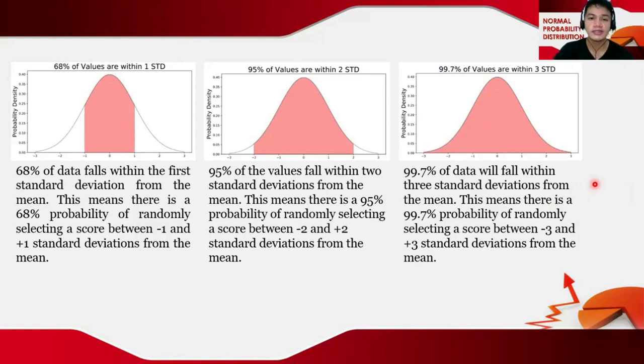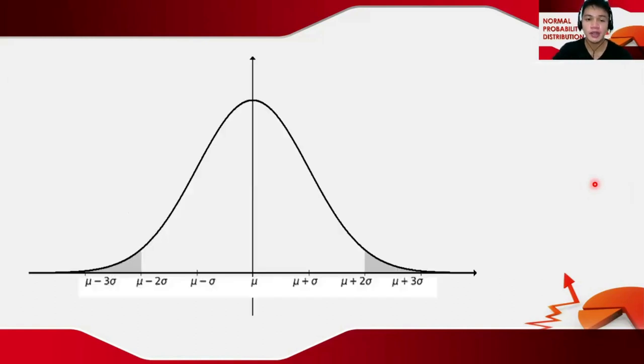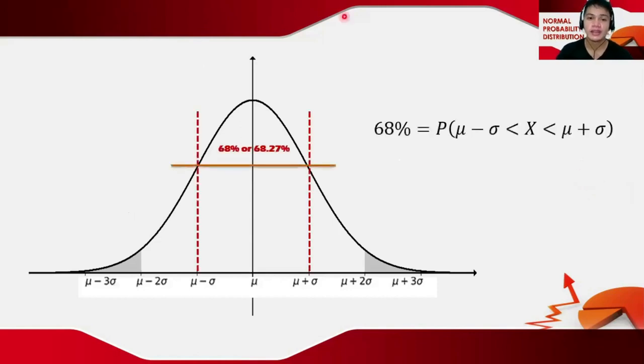To give you the general definition of this empirical rule, the 68% probability area is equal to the probability of 1 standard deviation subtracted or added from the mean.